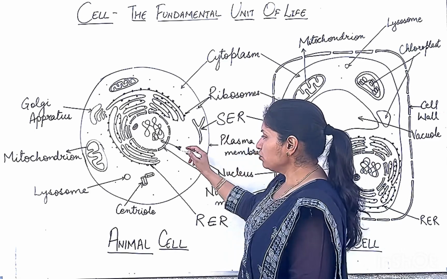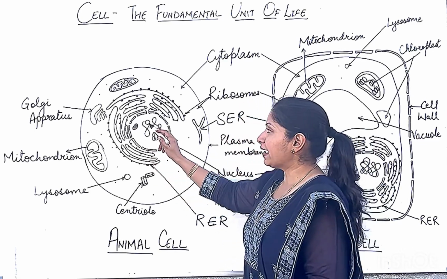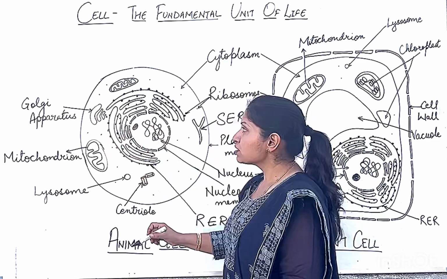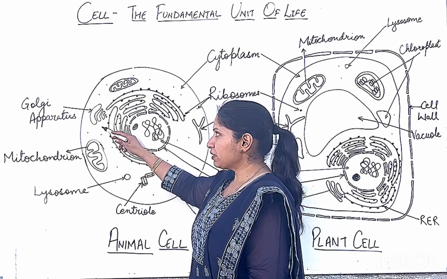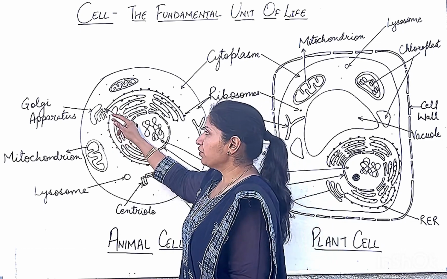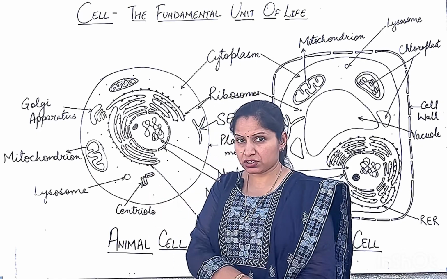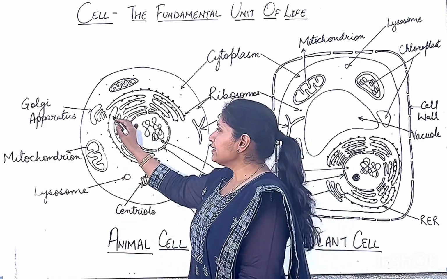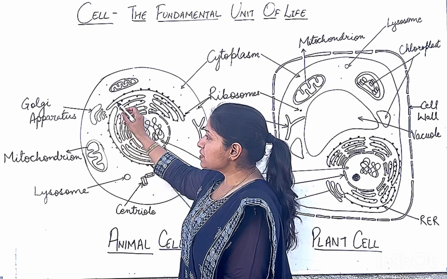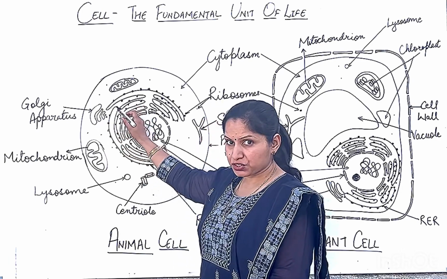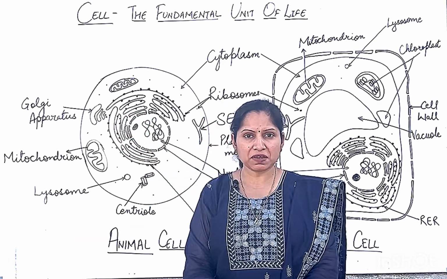Now, coming to another cell organelle, that is Golgi apparatus. Golgi apparatus is made up of different vesicles or cisterns that are arranged parallel to each other, and these Golgi apparatus are present close to the endoplasmic reticulum. Why is it present close to the endoplasmic reticulum?